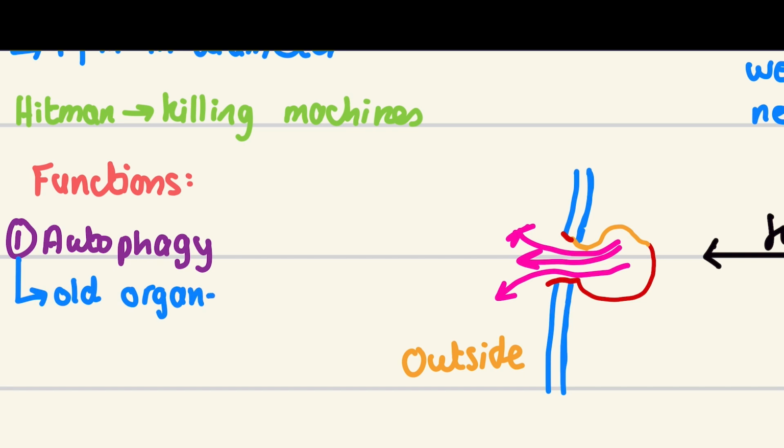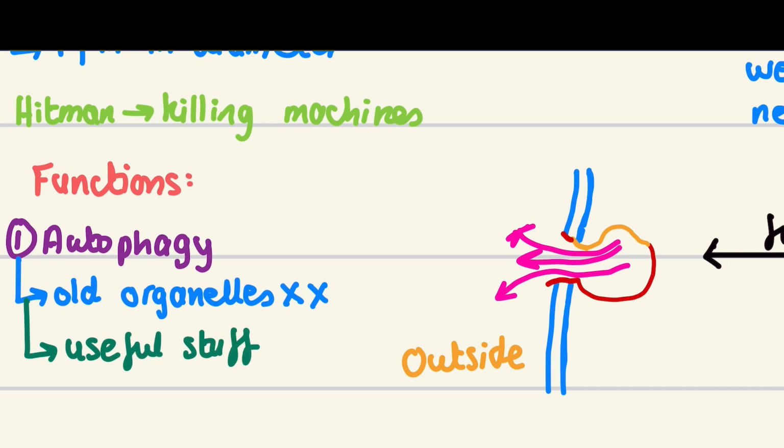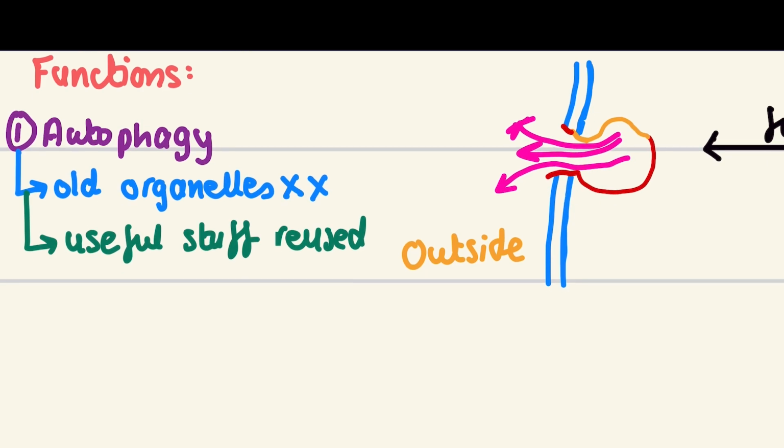I'm like, just take them away. So I break them down, and the useful things I reuse. Useful stuff reused. So I'm able to use it without the cell really losing important stuff.